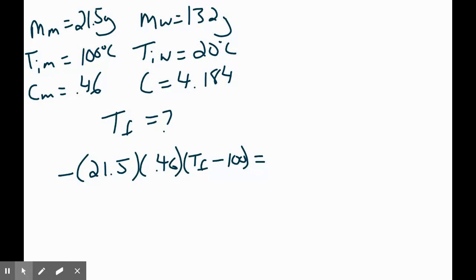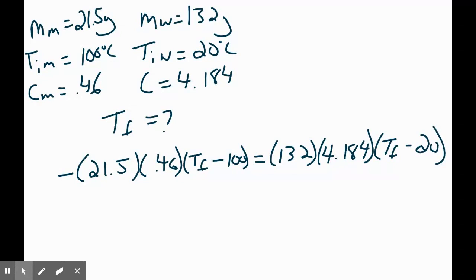Now for the water, we get 132 times 4.184 times final temperature minus 20. So now you have a variable on each side, but it's the same variable, so you need to go ahead and solve for that variable.